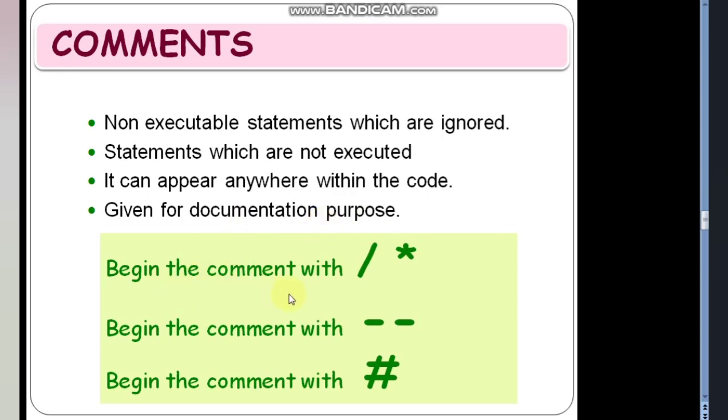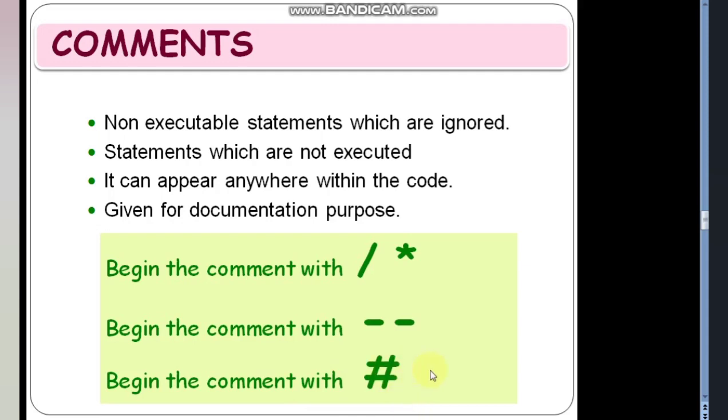Now how will you begin a comment? You can begin a comment by giving a slash and an asterisk symbol, slash star. You can begin a comment with a double hyphen symbol, or you can begin a comment in MySQL using a hash symbol.